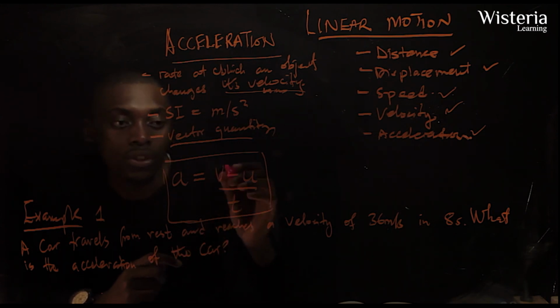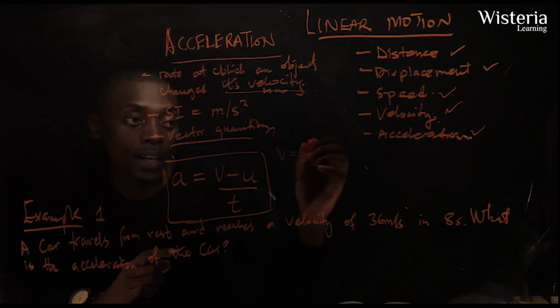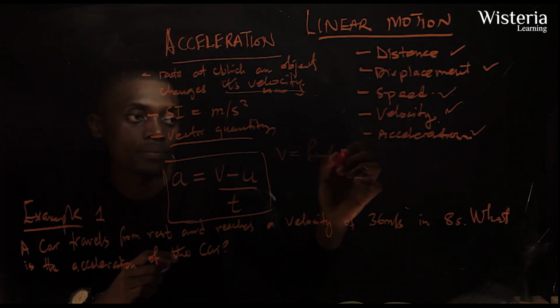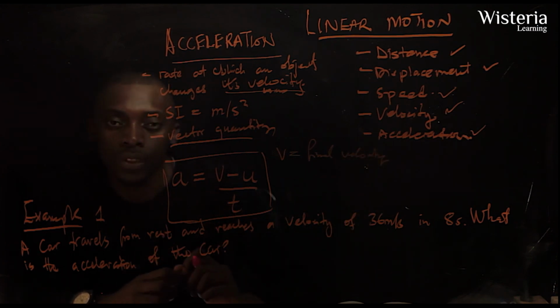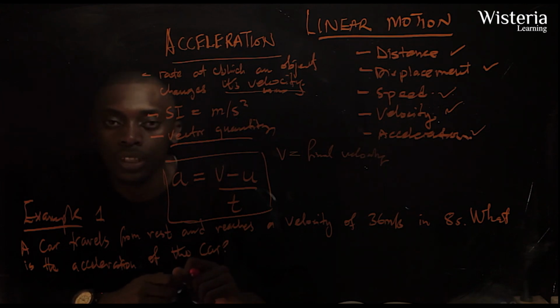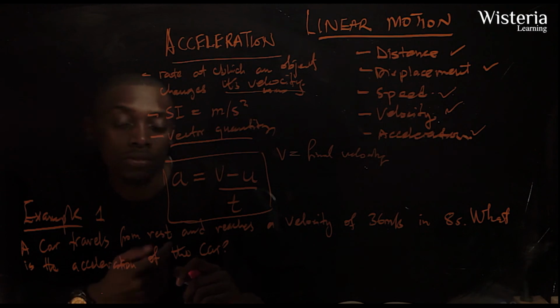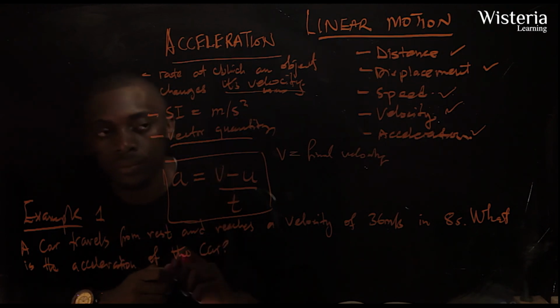So the v in the formula means the final velocity, meaning the last velocity attained by an object which is moving from one point to the other. So by that we can also say the maximum velocity attained by that object in motion.